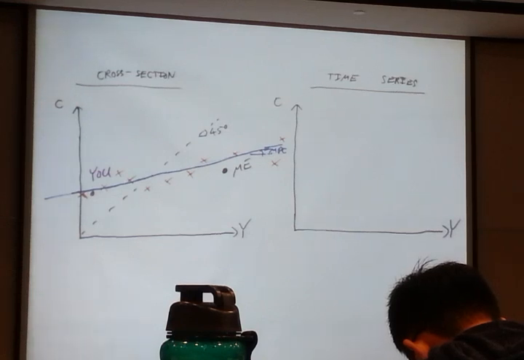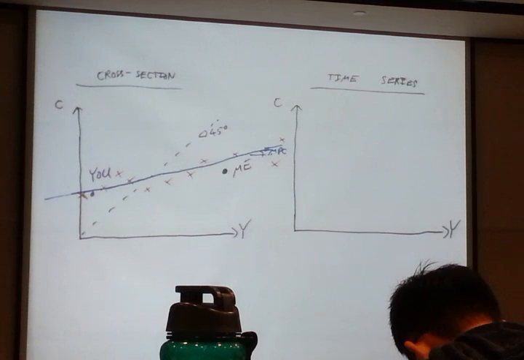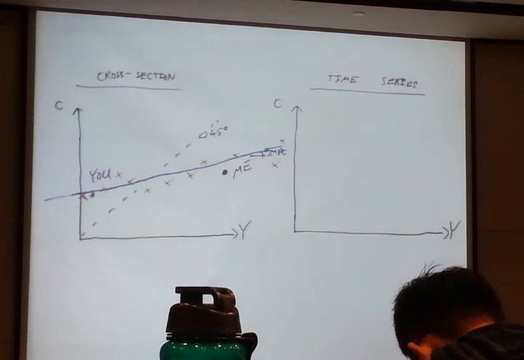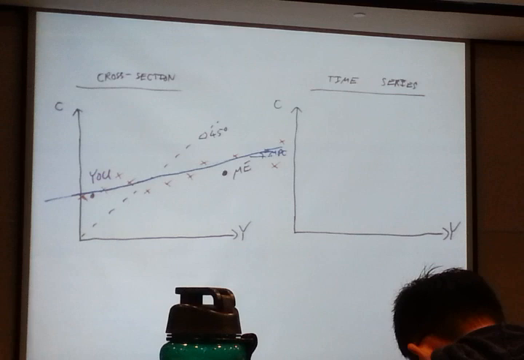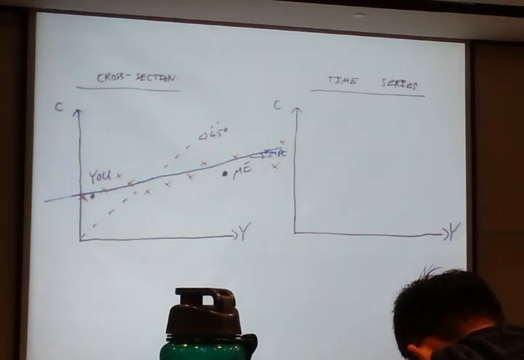Now, what's a time series? Cross-section is many people at the same point in time. Time series is one object, could be a person, could be an economy, observed at many points in time.